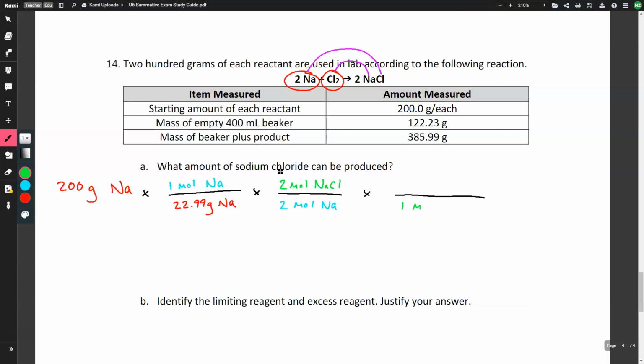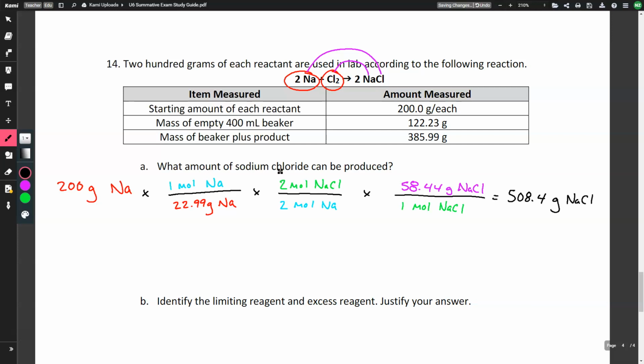And then each mole of sodium chloride has a molar mass of 58.44 grams of sodium chloride. Okay, plugging this in on our calculator, we get an answer of 508.4 grams of sodium chloride.